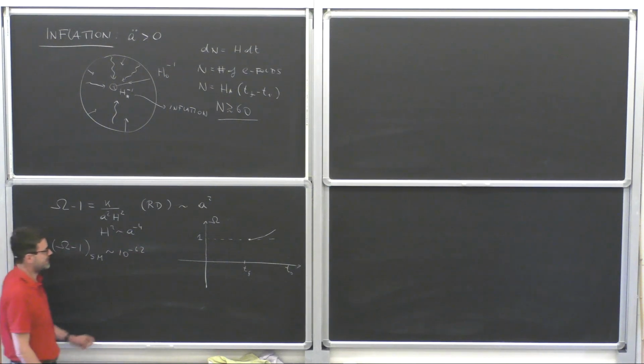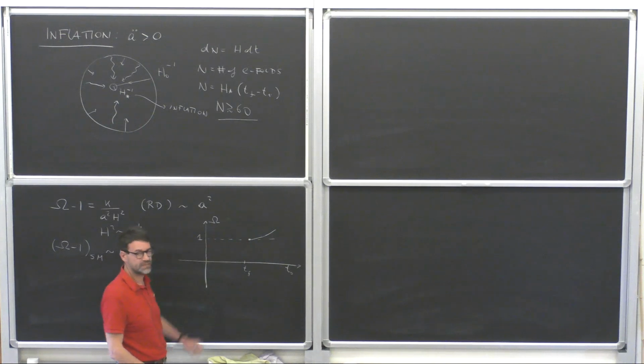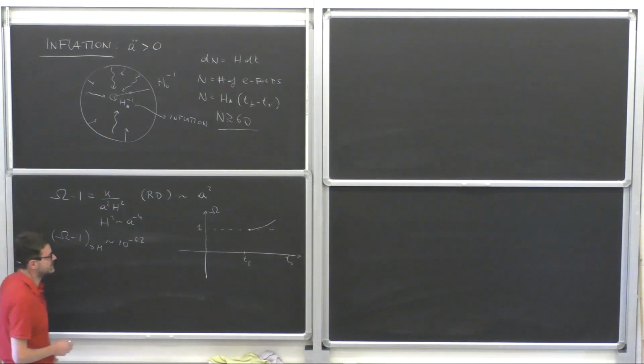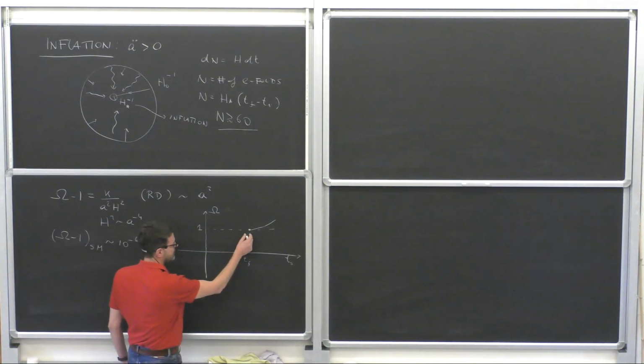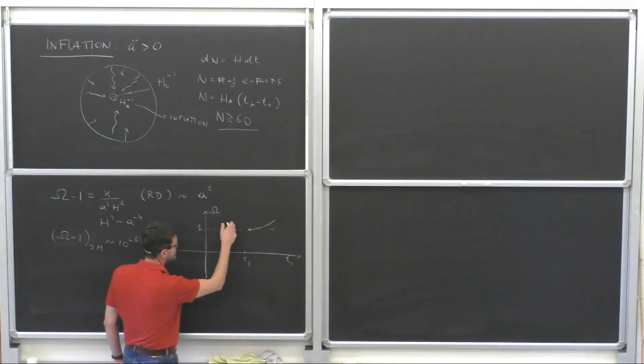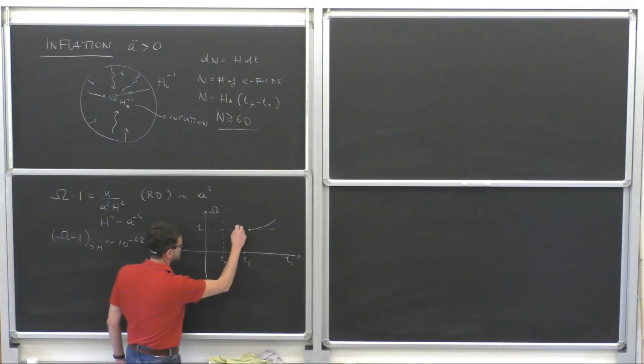So this number has to be so close to 1 by a factor of 1 over 10 to the 60 or so. So the idea of inflation is, in fact, to consider this point not as an initial point, but in fact there is another period which goes from the beginning of inflation to the end of inflation, where this number, 10 to the minus 62, is obtained by squeezing this omega minus 1 to this value.